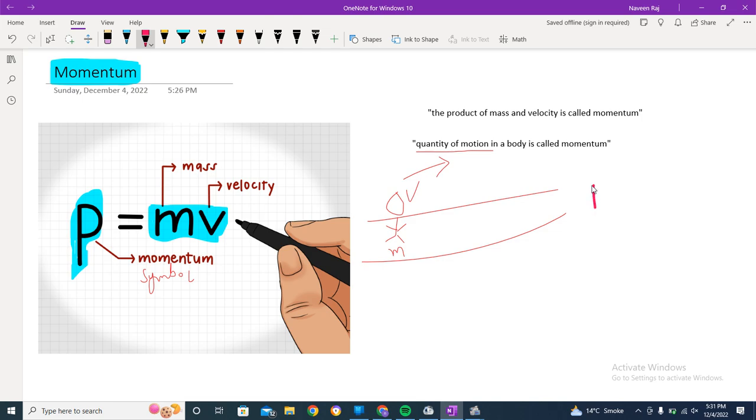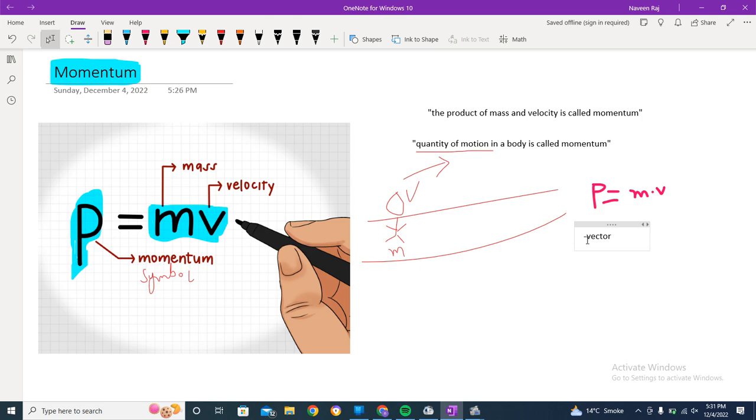And yes, let's look into the formula. P is equal to m into v, right? This is a vector quantity, because we have got velocity in the formula, so it is a vector.